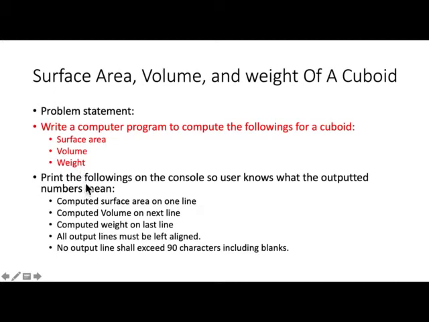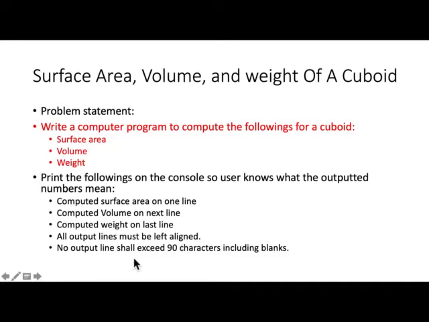And then print the following onto the console so the user knows what the outputted numbers mean. Compute surface area on one line, computed volume on the next line, computed weight on the last line, and all output must be left aligned.